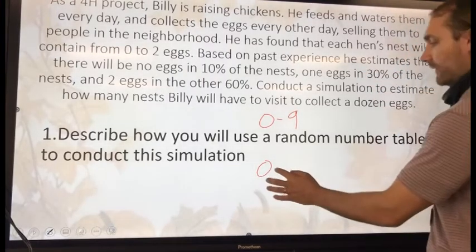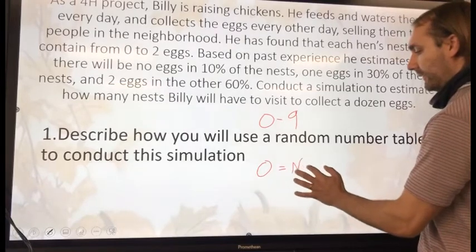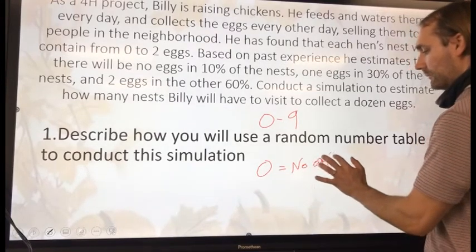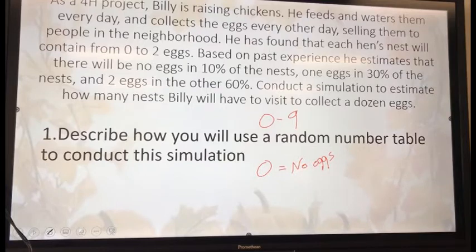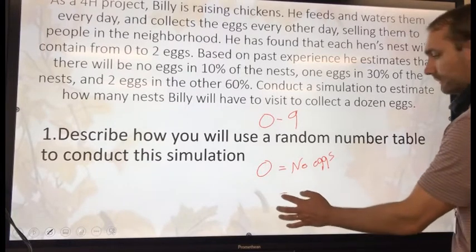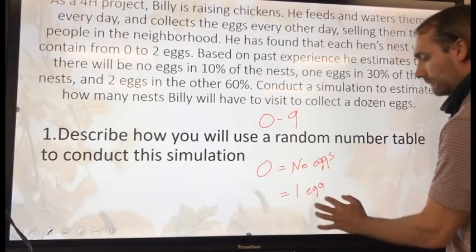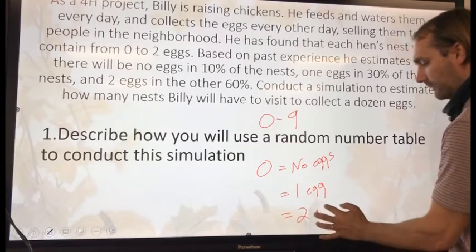That's 10%, so 0 equals no eggs. So if we get a 0, we're going to say no eggs. What will equal 1 egg, and what will equal 2 eggs?